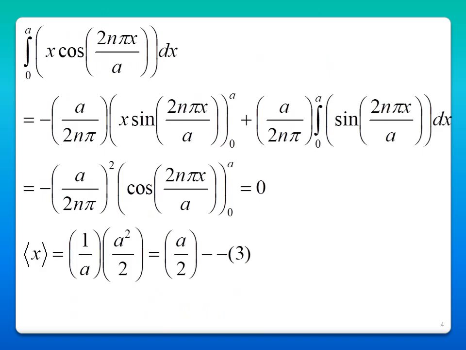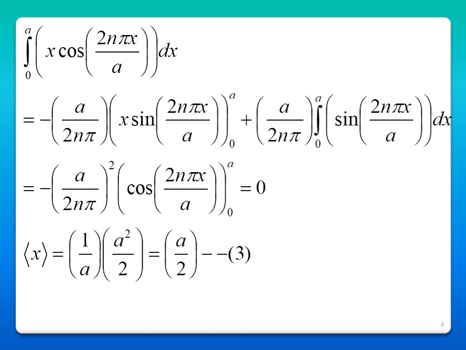So the integral from 0 to a x cos 2n pi x by a dx is a by 2n pi x sine 2n pi x by a, we have to substitute the limit 0 to a, minus a by 2n pi integral from 0 to a sine 2n pi x by a dx.